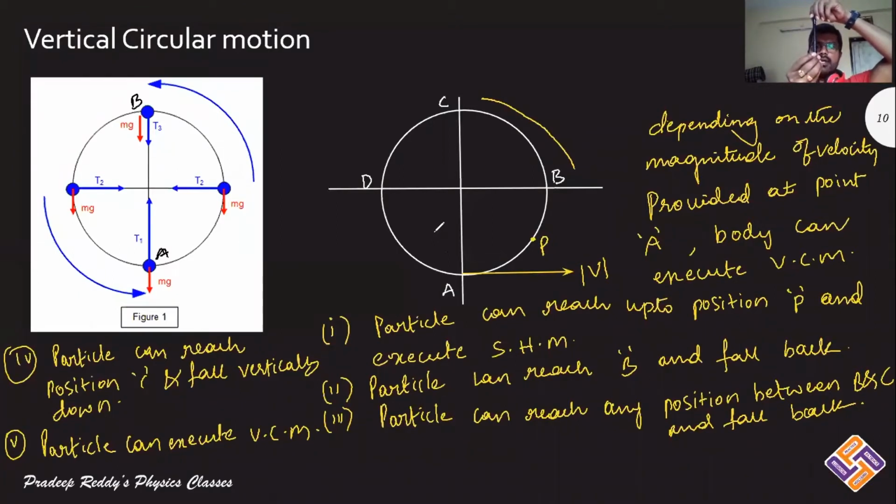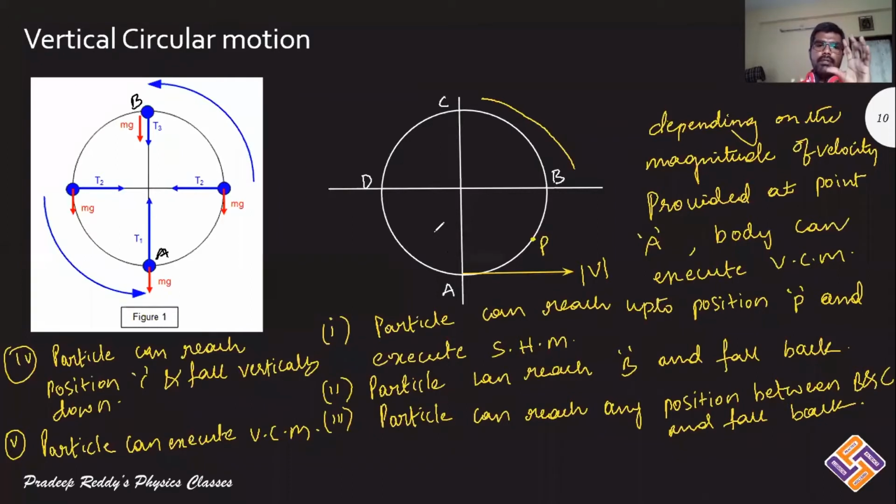Condition 3 is that it can go beyond B and reach some position between B and C and then fall down vertically. Condition number 4, it can go up to vertical position C and from there fall down vertically. And the last condition is that, depending on the velocity provided, it can execute complete circular motion.